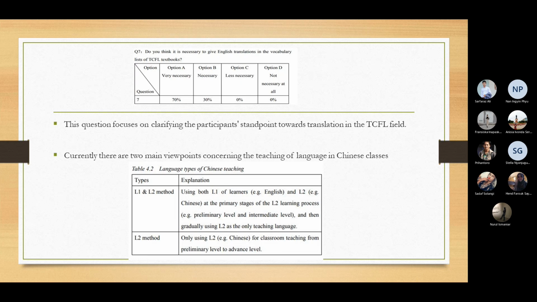Number one was the language types of the Chinese teaching, the language 1 and language 2 method. So this table was given in the thesis, and the explanation is given of how the method is used, in what manner the method is brought.